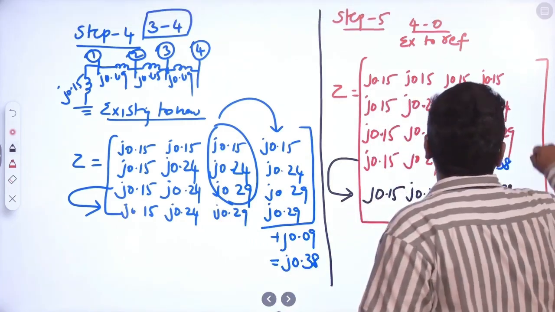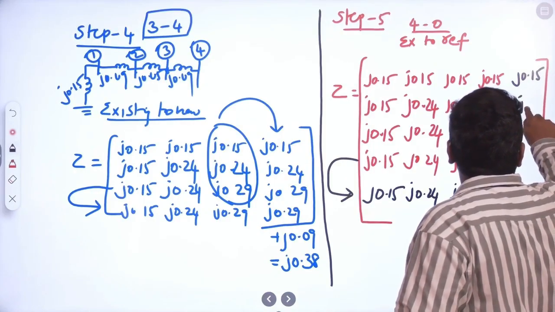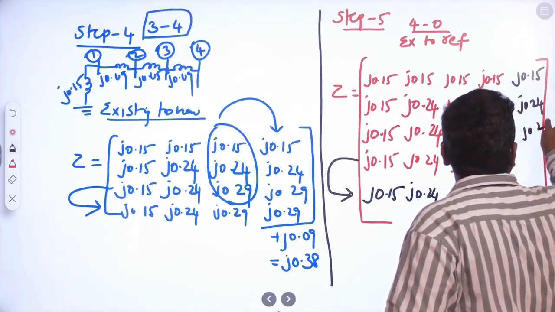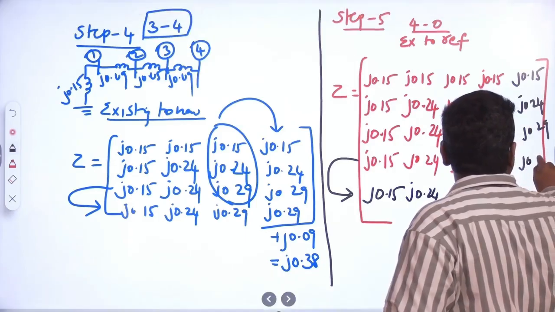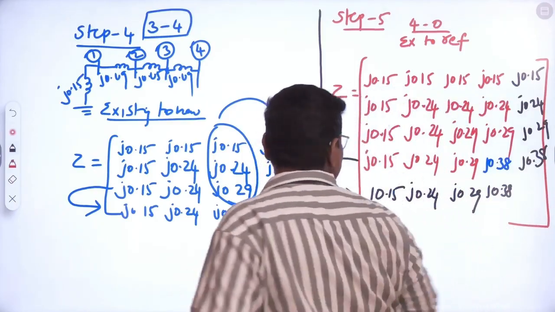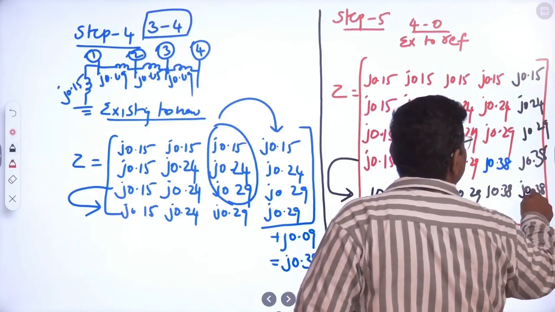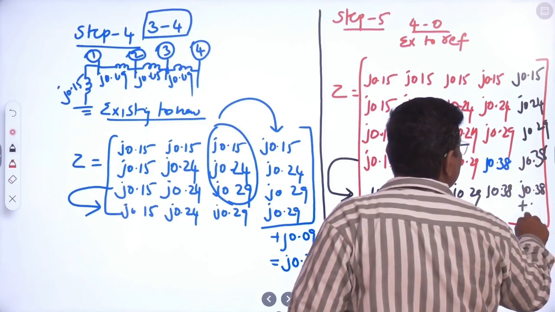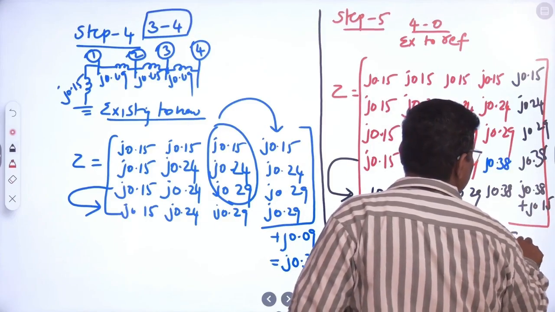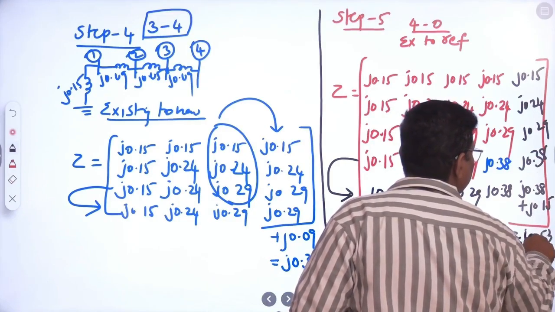In the same manner, the fifth column: 0.15, 0.24, 0.29, 0.38, and the last Z55 value is j0.38 added with the element connected between 4 to 0, that is j0.15. So the Z55 value is j0.53.